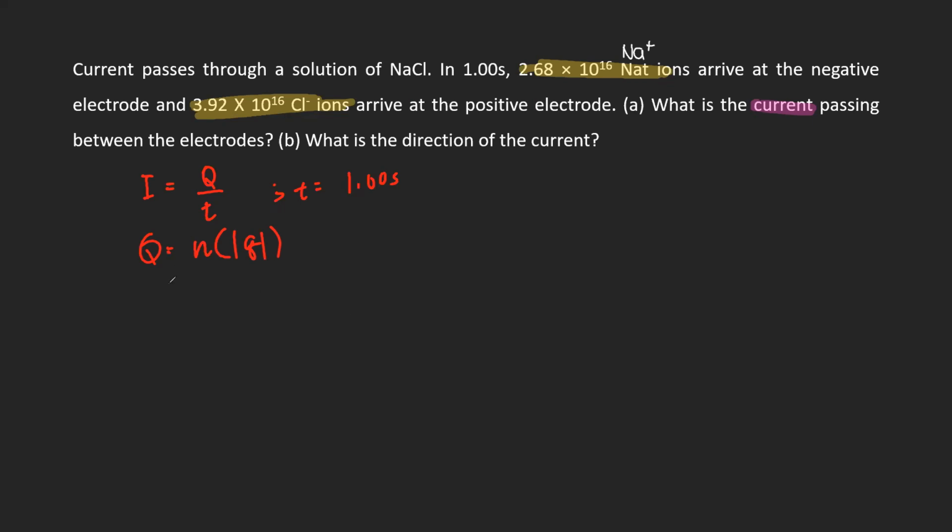Your N basically is the number of positive and negative ions. We've got here two kinds, positive and negative. So we are going to just copy the N for Na plus and N for Cl times your q.